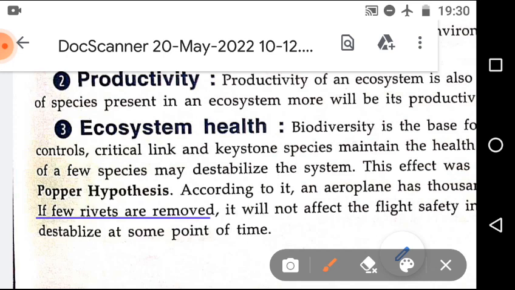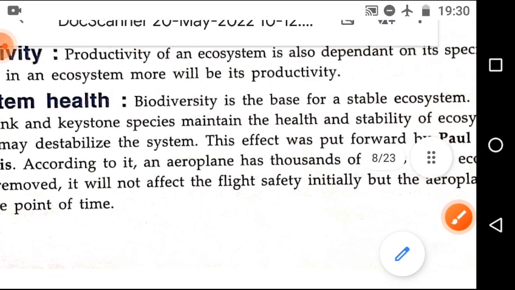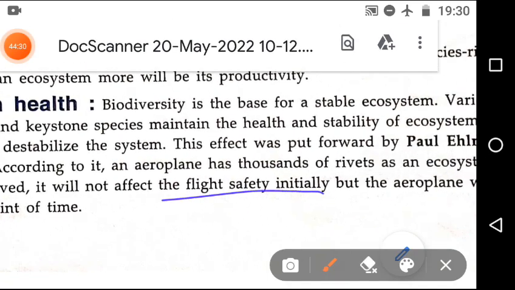Will the plane be damaged? No. By removing a few rivets, the aeroplane initially will not be damaged, so it will not affect the flight safety initially. He is saying that if you remove a few rivets in the aeroplane, it will not affect the flight of the aeroplane.